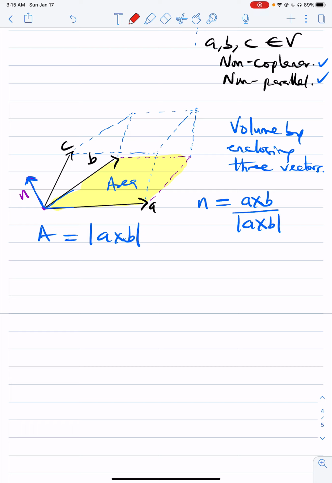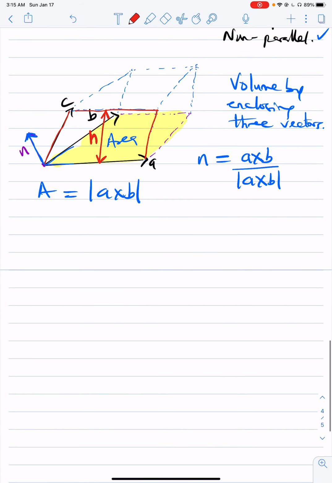Now, if you look at it very closely, you have this line, from this point to this point, which spans a height. That is h, right? Yes, and h, this expression should be C dot n. Okay, so this is the magnitude of the dot product of the vector C and the normal n, right?